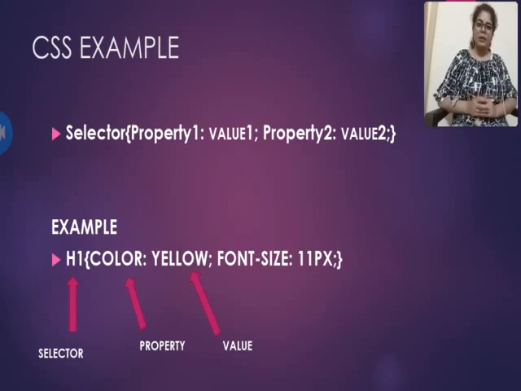I have written property 1, property 2 because you can use n number of properties in the curly bracket, and you have to separate every property with a semicolon. So property 1 colon value. To property 1 you apply value 1, then separate it with a semicolon, start the second property, property 2 colon value 2, end with a semicolon and close the curly bracket.